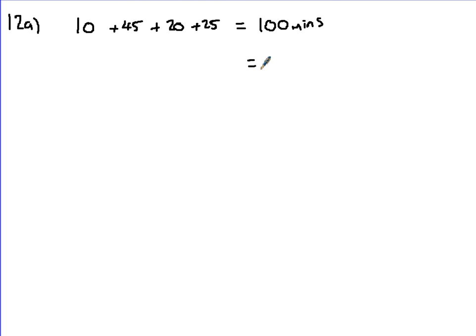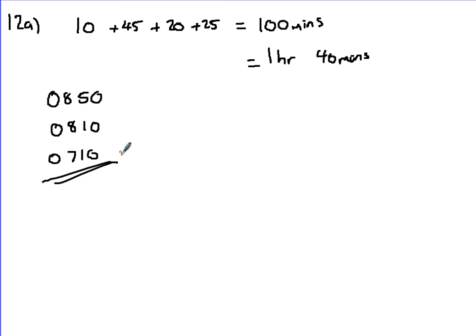Now that's the same as 1 hour and 40 minutes, as there are 60 minutes in an hour. So if she's got to arrive at work at 08:50, if we take 40 minutes off, that'll give us 08:10. Then we take an hour off. There's our answer: 10 past 7 is what we're looking for there.